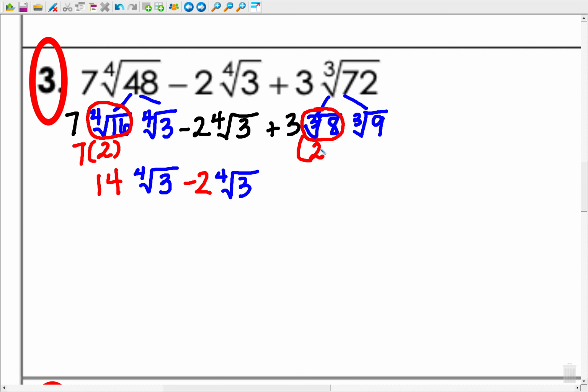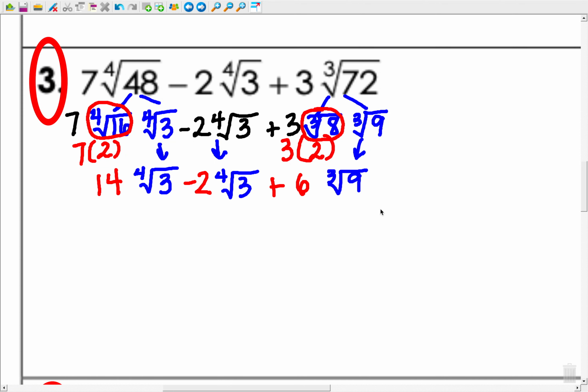And the 2 will be multiplied by the 3 that's already there, giving me a positive 6. Bring down the cube root of 9. Okay, so I multiplied those, brought this down. I simply brought all of this down, multiplied this, and then I brought this down.